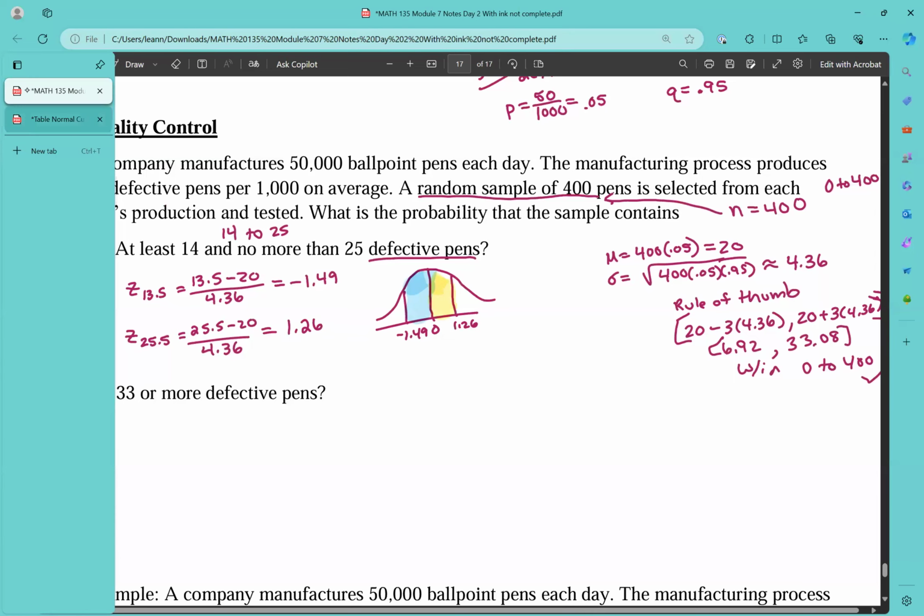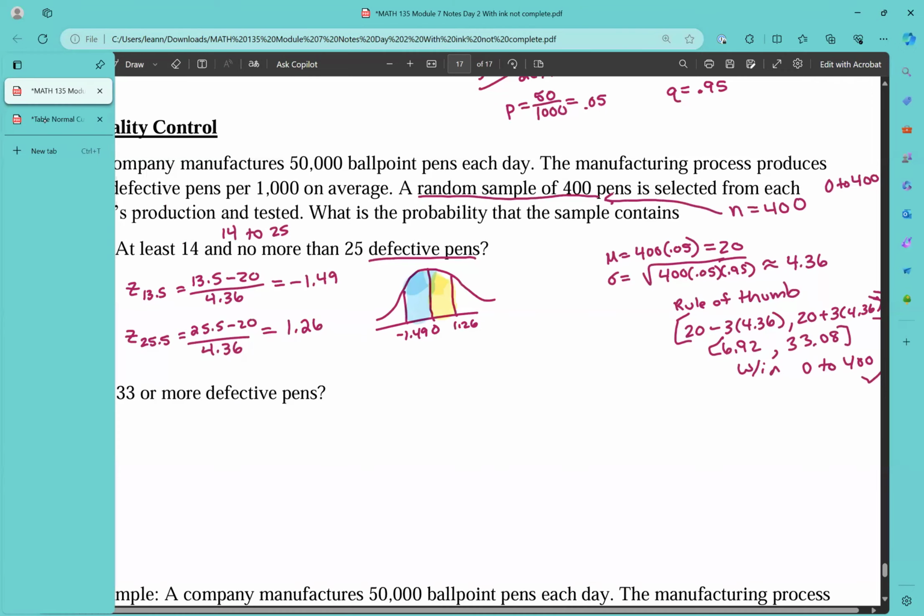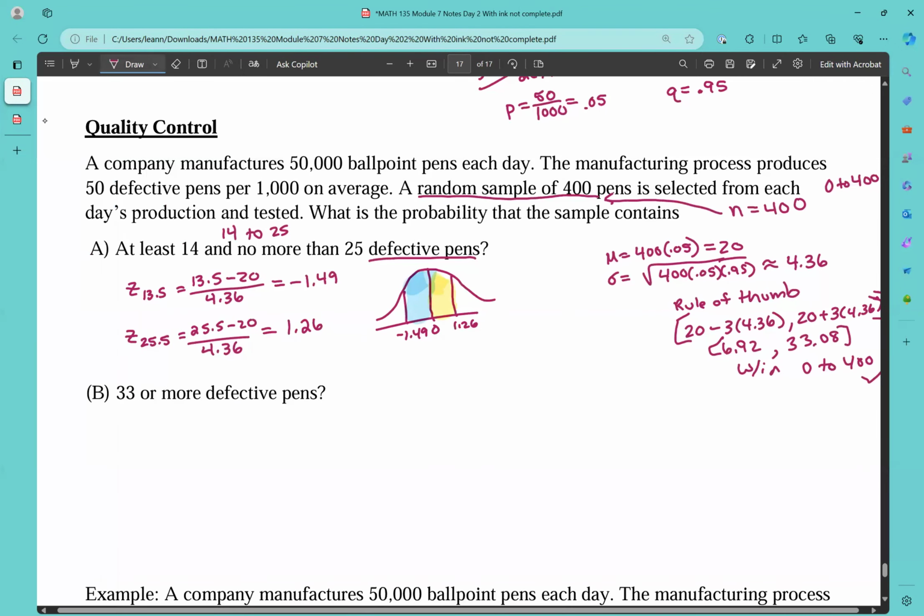Okay, so I'm going to look up 1.49 first. On the test, feel free to write all over the table that I give you. So 1.4, and then over here at 0.09, and that row is 0.4319. So this area right here is 0.4319.